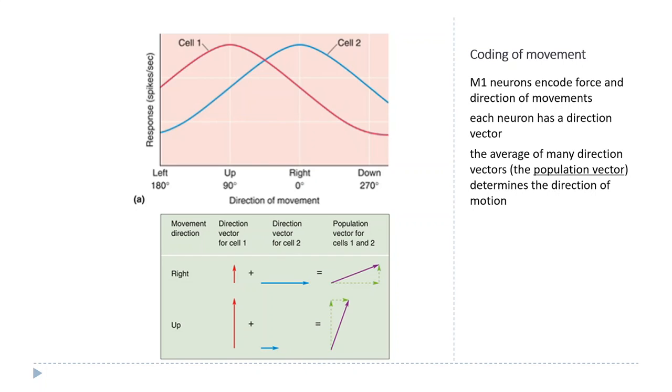So all the different neurons firing at different frequencies together will produce the actual population vector, which determines the direction of the movement for that body part. That's presumably how movements are encoded by motor cortex.